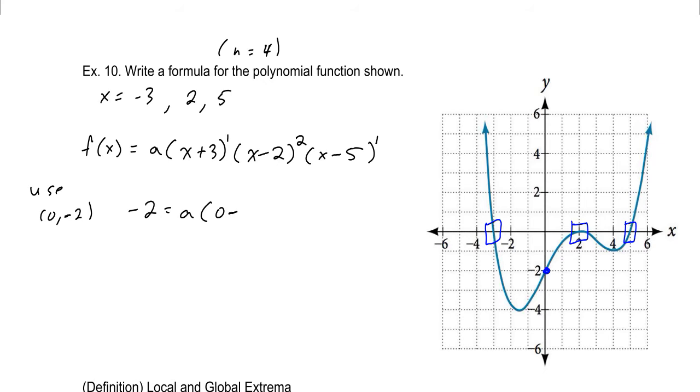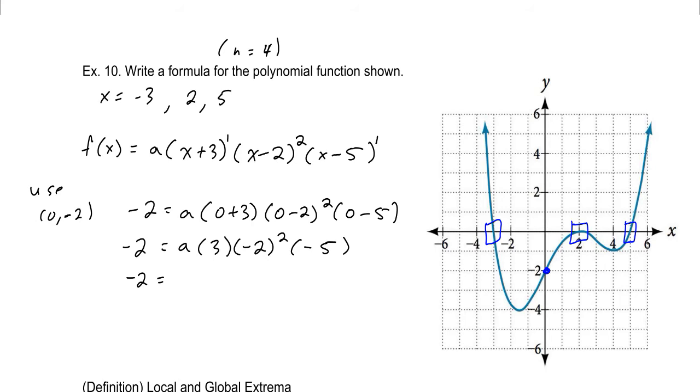So 0 plus 3 to the first, 0 minus 2 squared, and 0 minus 5. So that is going to be a times 3 times -2 squared times -5. That is going to be 3 times 4, 12, times -5, which is -60. So -60a equals -2, meaning that a is 1/30.